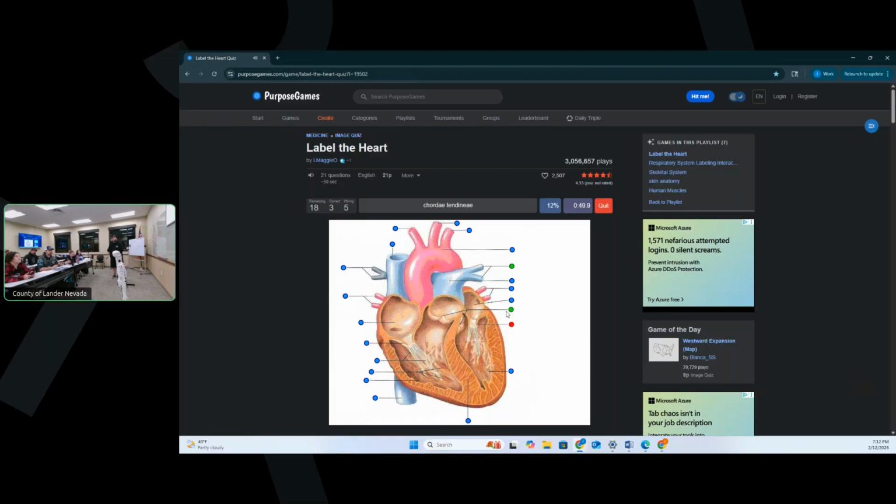Yeah, that could be. So there are little fun games on here. Is that pointed to the little cord? Oh, there it is. It's hard to see from over here where the things are pointing. Papillary muscle, that's gotta be it.